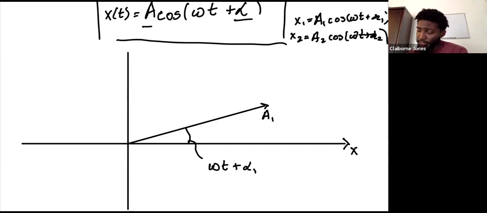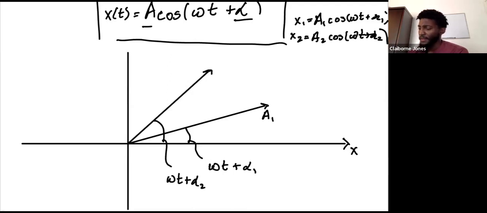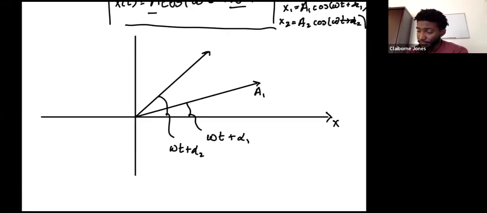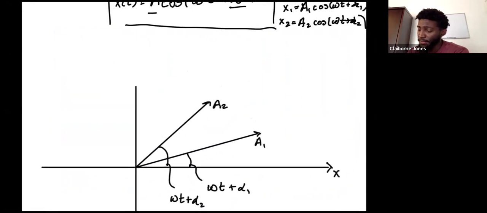So now let's say this is our A2, and it's making some angle that is omega t plus alpha 2, and it's of length A2. I'm going to move this so that I can get a little more space.